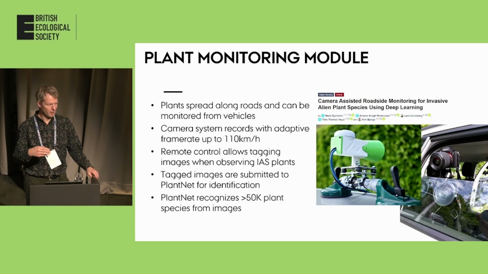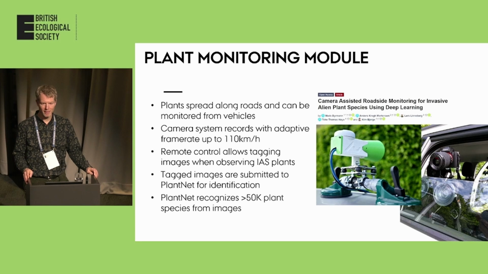Road authorities might be monitoring signs or debris on the road, and if they're driving these roads anyway, why not fit a camera to them and get the data to recurrently monitor the location and spread of plants and potentially other organisms that you can observe from a car driving these roads. And the other element is that many species expand their ranges by following transport infrastructures, so it's also quite a relevant area to monitor.